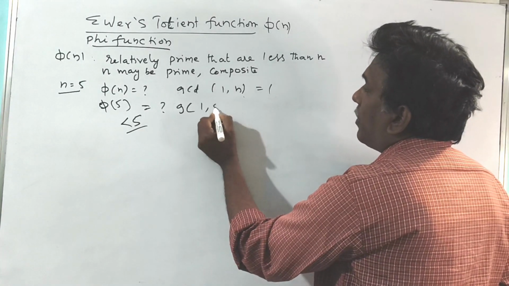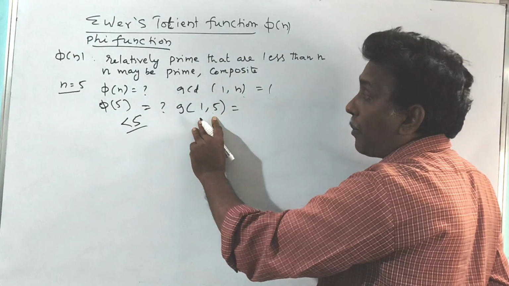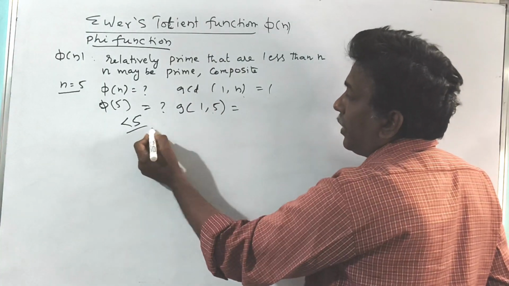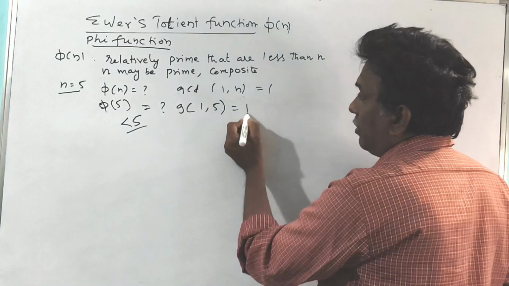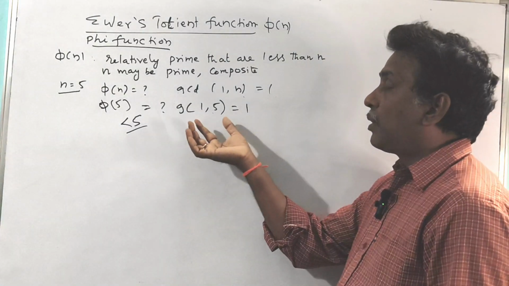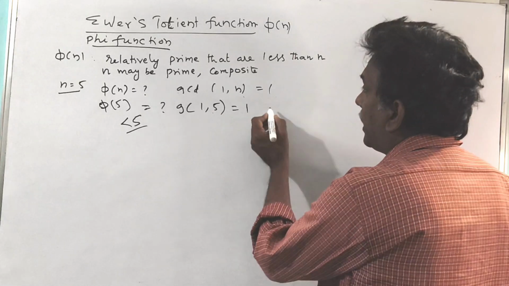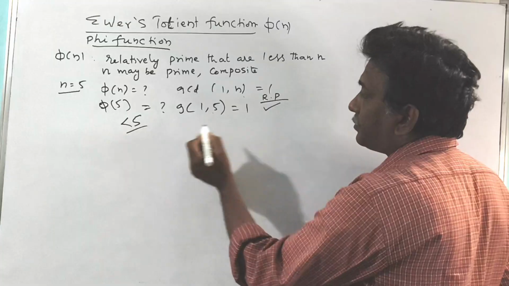GCD of 1 comma 5: both don't have common factors. For 1 and 5, the only common factor is 1, so GCD of 1 comma 5 equals 1, that is relatively prime.